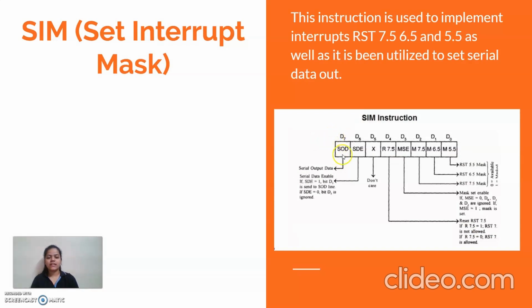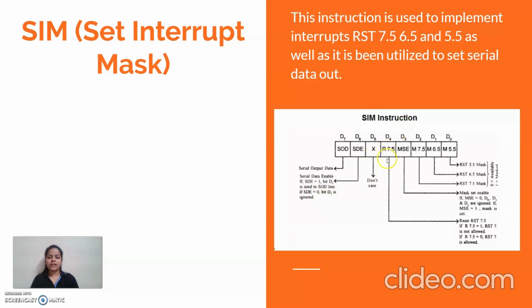Here D7 is SOD, serial output data. D6 bit is serial data enable. If serial data enable is equal to 1, D7 is sent to the SOD line. If serial data enable is equal to 0, D7 is ignored. D5 bit is don't care.